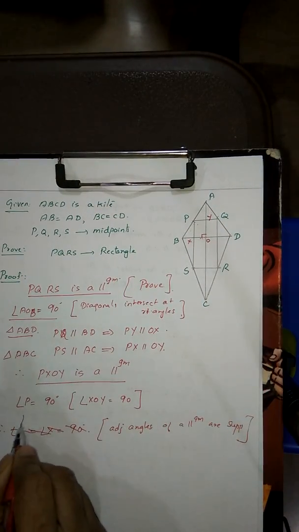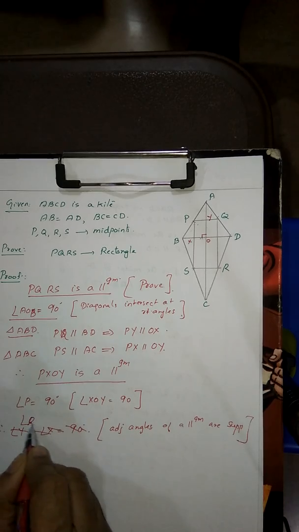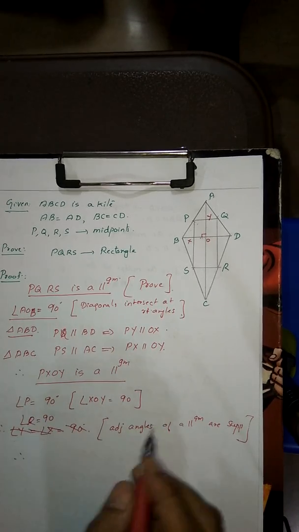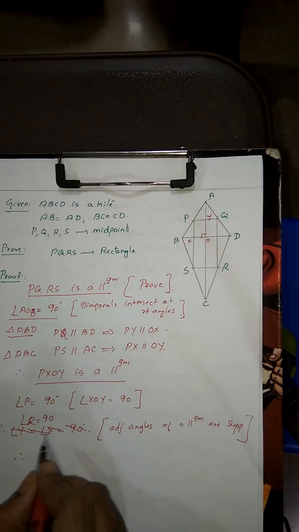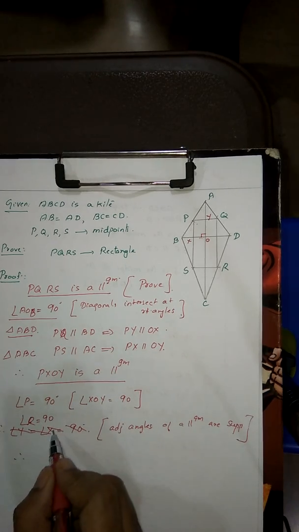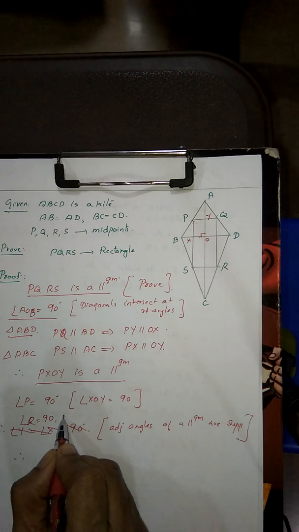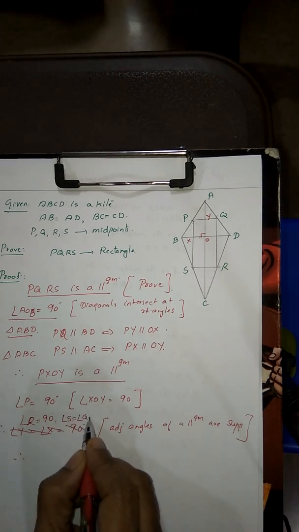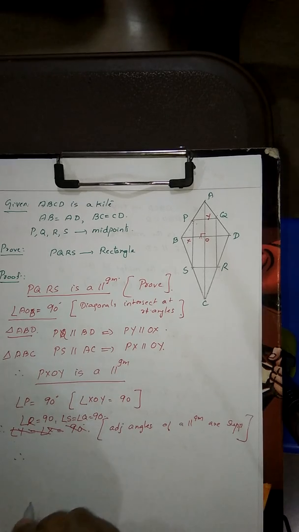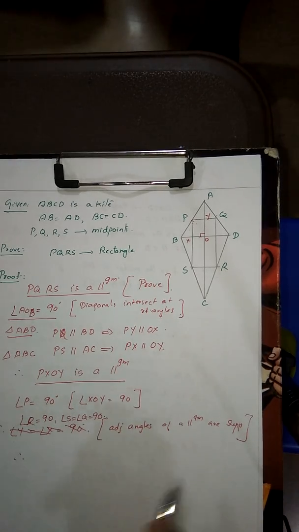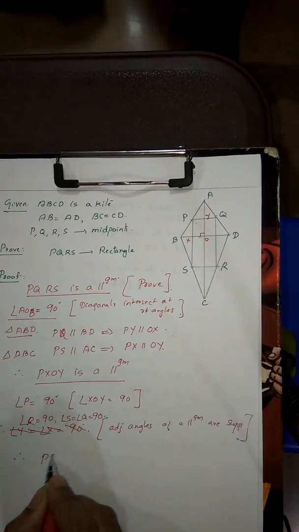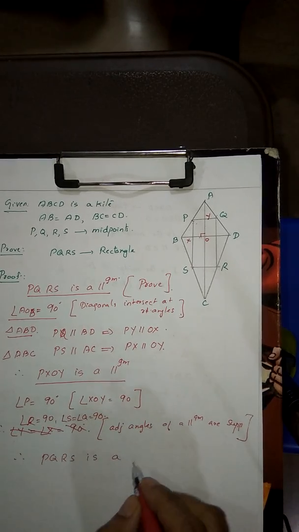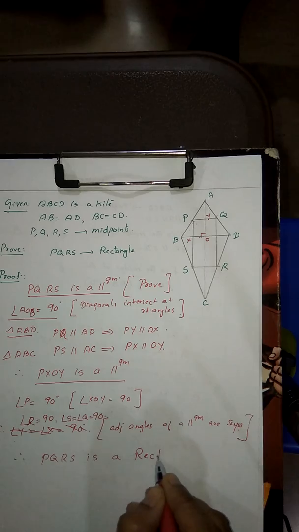So we will write angle R is equal to 90 degrees and angle S is equal to angle Q is equal to 90 degrees. So therefore PQRS is a rectangle.